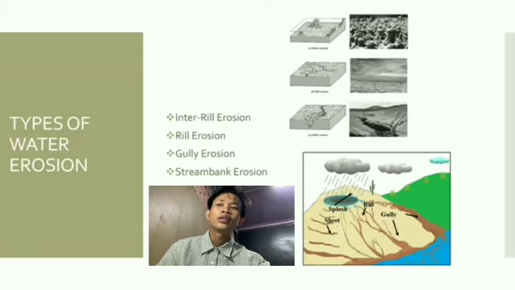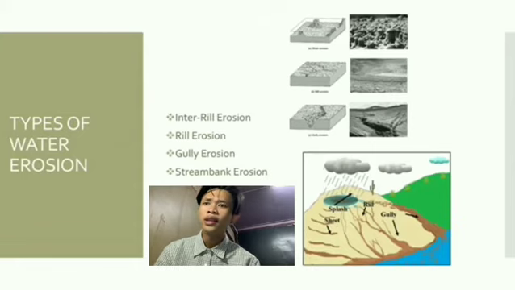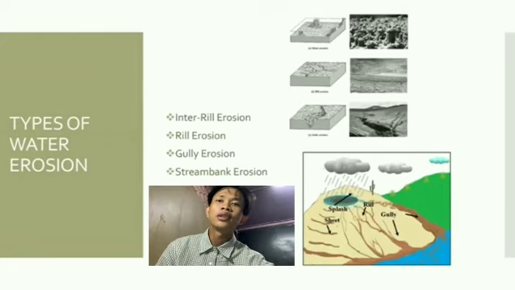Stream bank erosion is caused by fast running rivers and streams cutting into the banks. This type of erosion can be found at the lower end of streams, tributaries, and streams that have relatively flat gradients. This type of erosion can cause large masses of soil to slip down slope and damage surrounding fields.